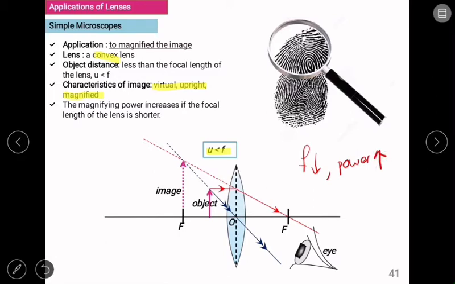Alright? Small f will cause a big magnifying power. So that is a simple microscope. Again, U is less than F, so that our image is virtual, upright, and magnified.